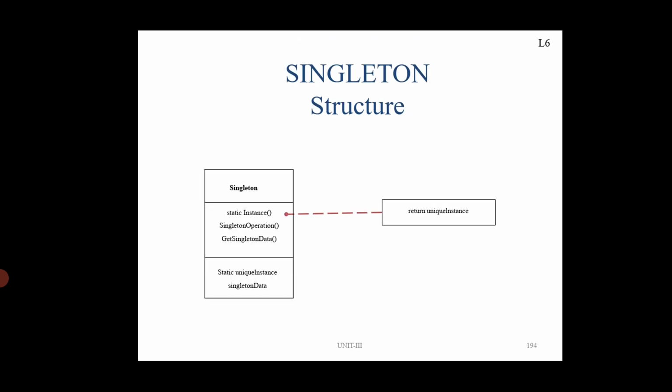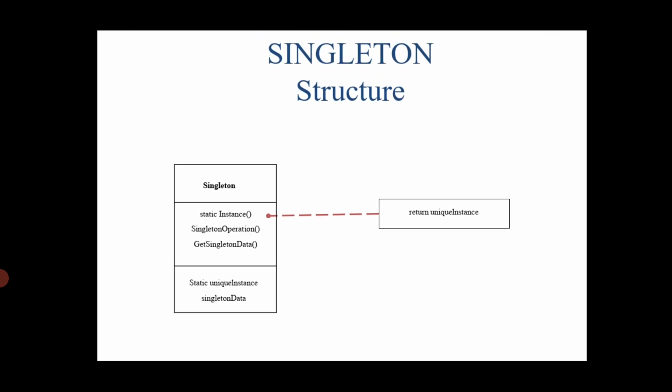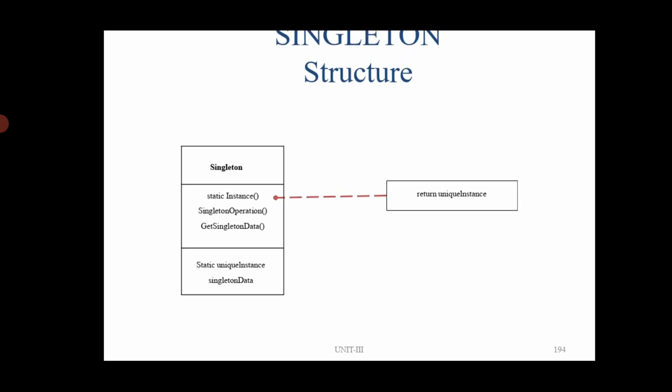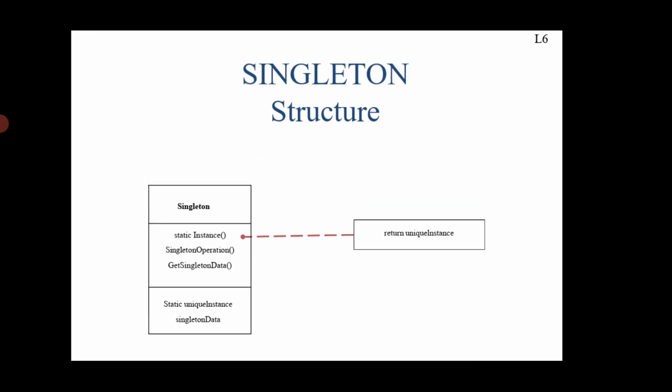Coming to the singleton structure, a graphical notation of a class and object scenario, showing how they are interrelated. Here we take a singleton class, and the class name is Singleton. It has members like a static instance, a singleton operation, and get singleton data.